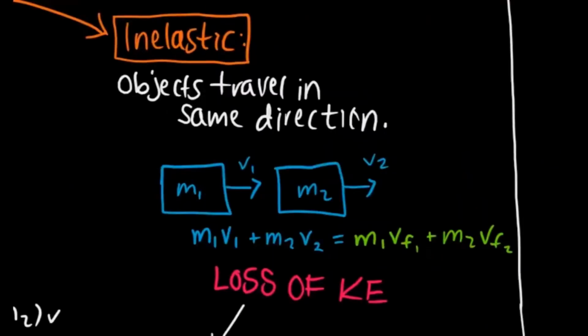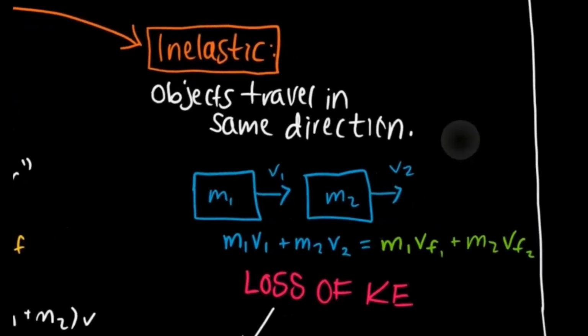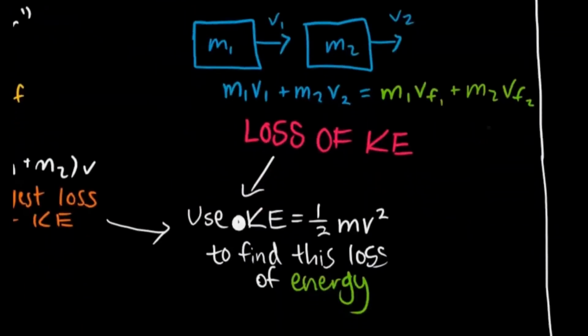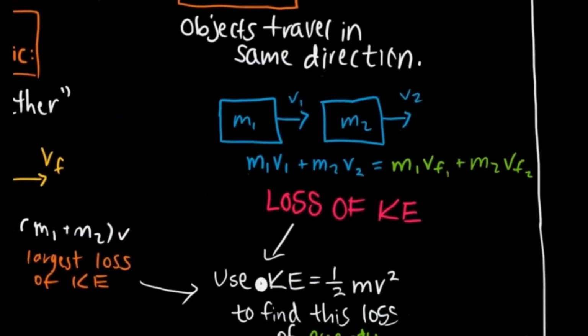Now they can also just be inelastic without sticking, so they're generally going to travel in the same direction. The equation is pretty similar to the elastic equation, except now taking into account those vector directions. That is really what makes the difference in these momentum equations.